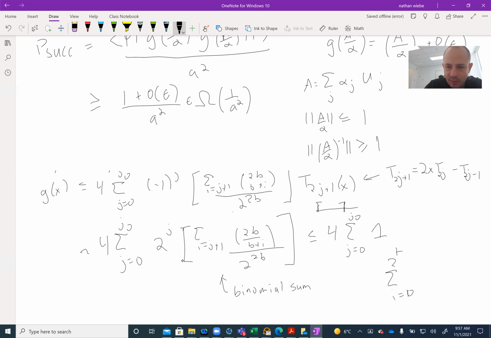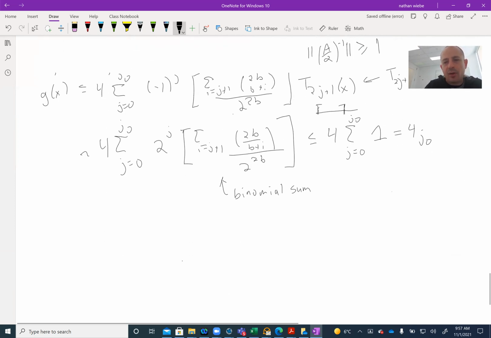It's a straightforward example of a binomial sum that you can carry out, and then bounding that internal term above by 1. This just ends up giving us that this is equal to 4 j naught.